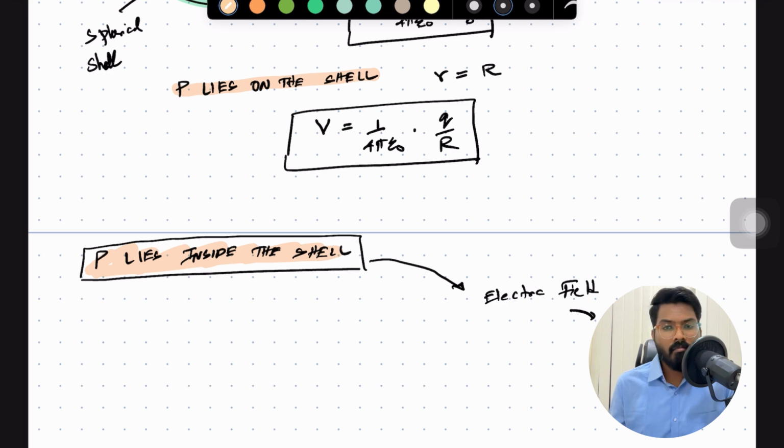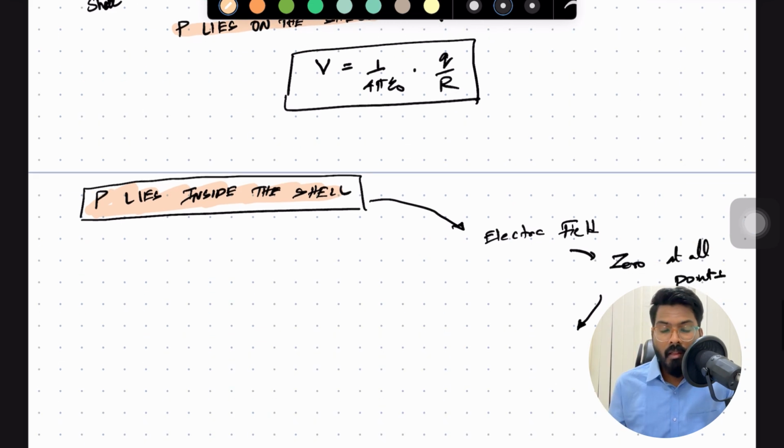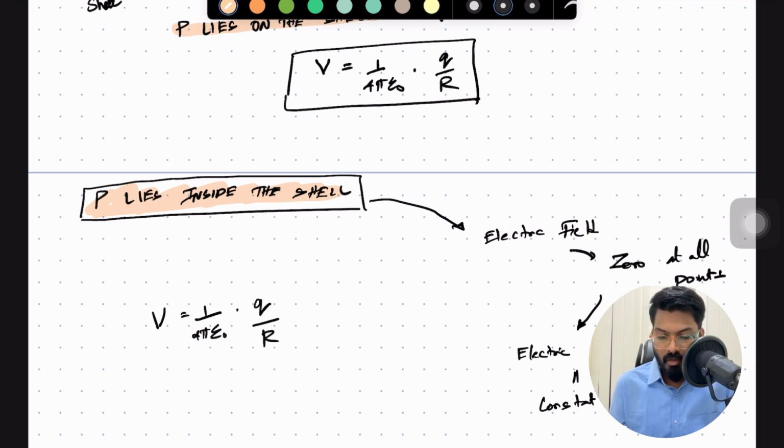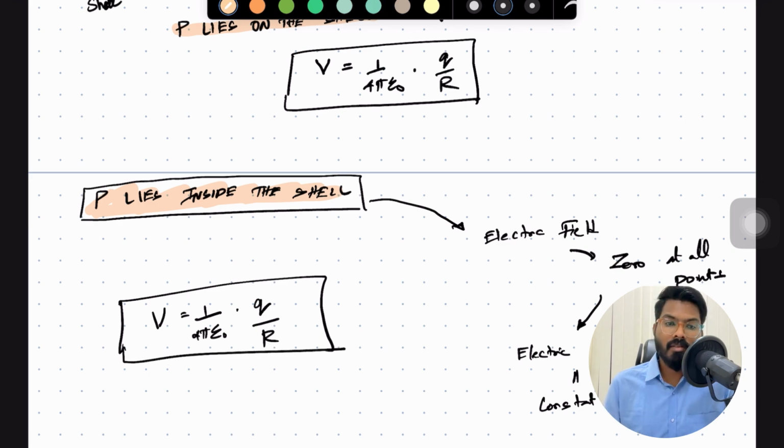As a result of that, the electric potential is constant at all points inside the shell. So we could then go for the formula V equals 1 by 4 pi epsilon naught into Q by R. That is constant inside the shell.